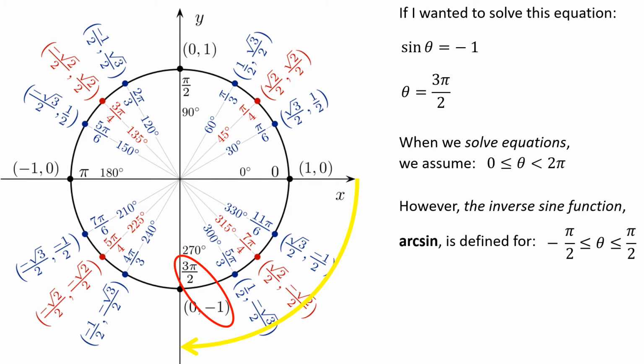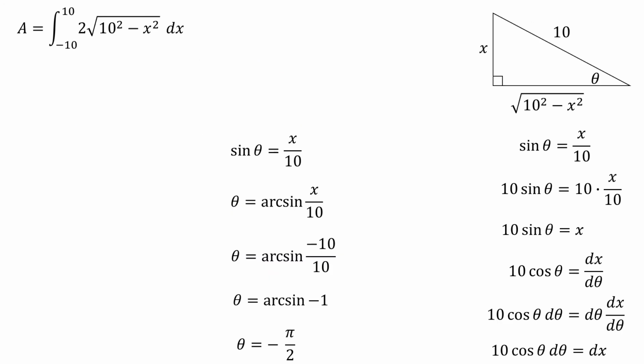But for the inverse sine function, the domain is restricted to negative pi over 2 less than or equal to theta less than or equal to pi over 2. So for arc sine of negative 1, I actually ended up going backward pi over 2 units. So that's why it's a negative pi over 2.